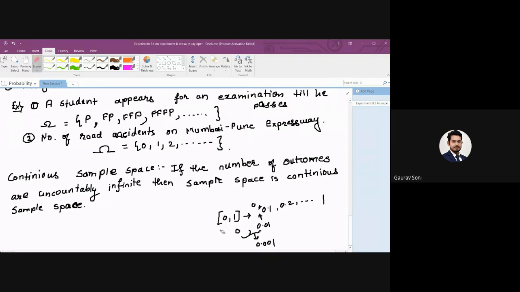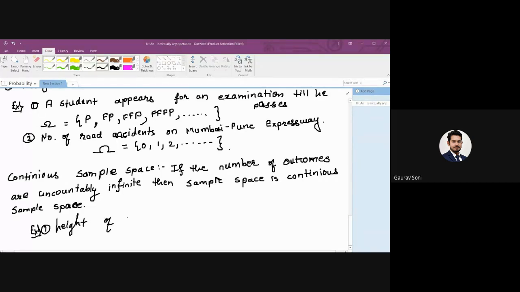And this is called uncountably infinite because I cannot count them and those are infinite. Example, first one? Height of a population.